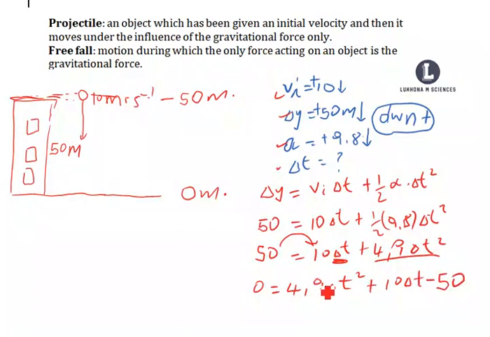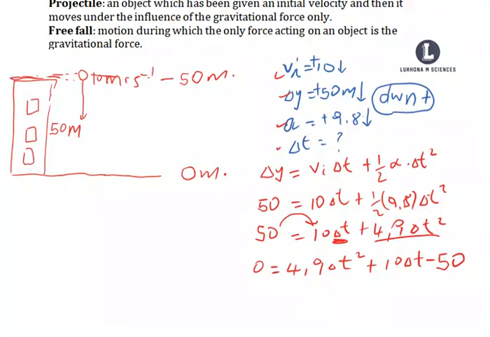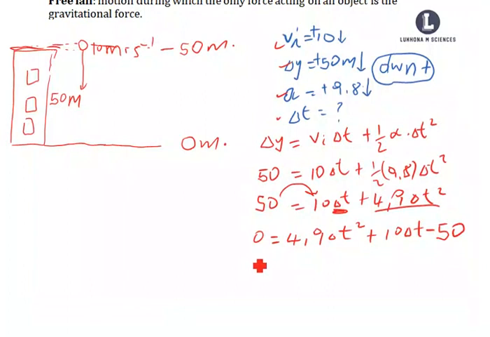Now we need to factorize here. The easiest way is to use the quadratic formula. So the quadratic formula says x is equal to minus b plus or minus the square root of b squared minus 4ac, everything divided by 2a.